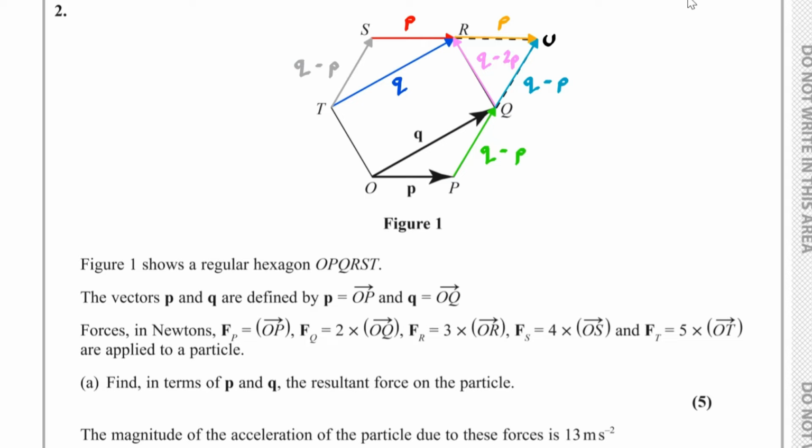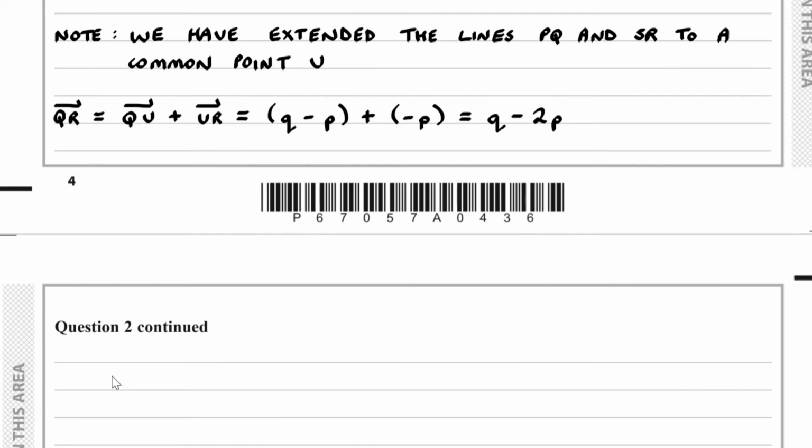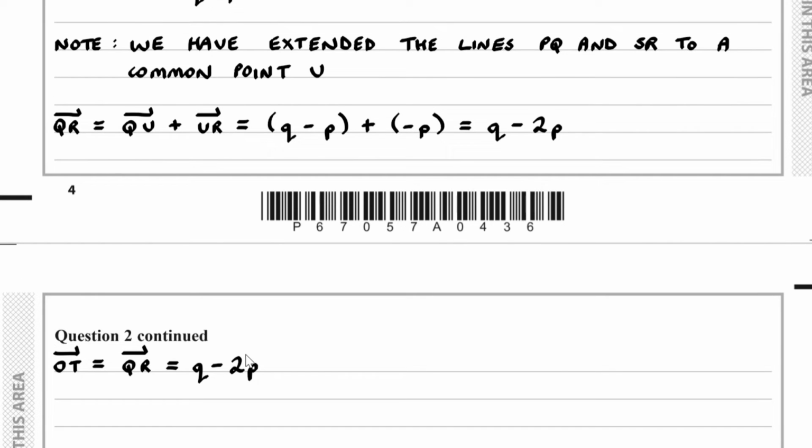and we can now find out what the vector OT is. So the vector OT, that's equal to the vector QR, which is equal to Q minus 2P.